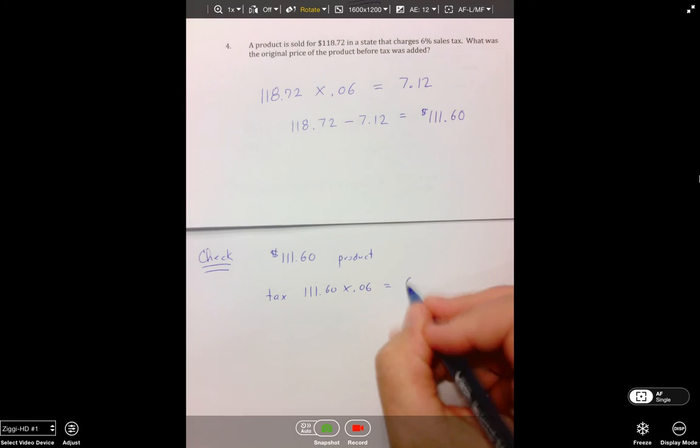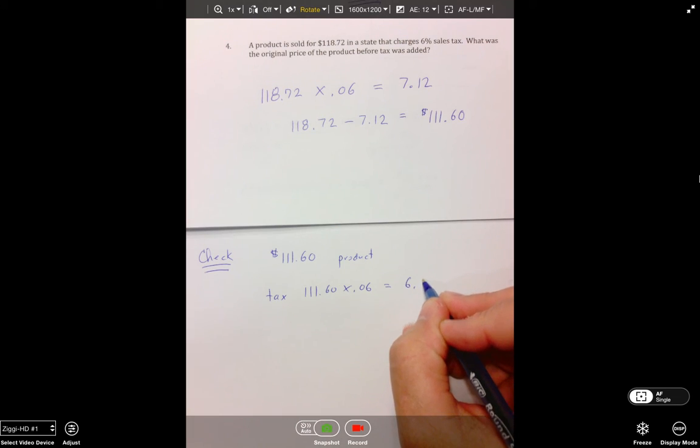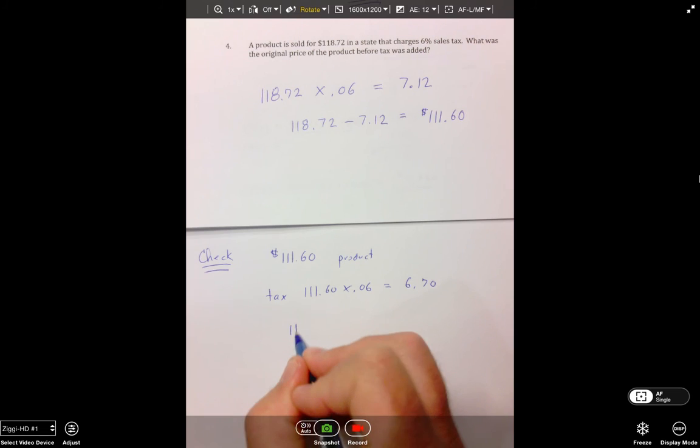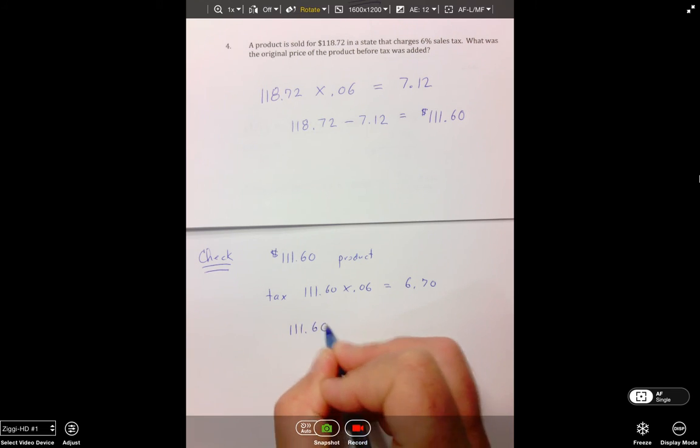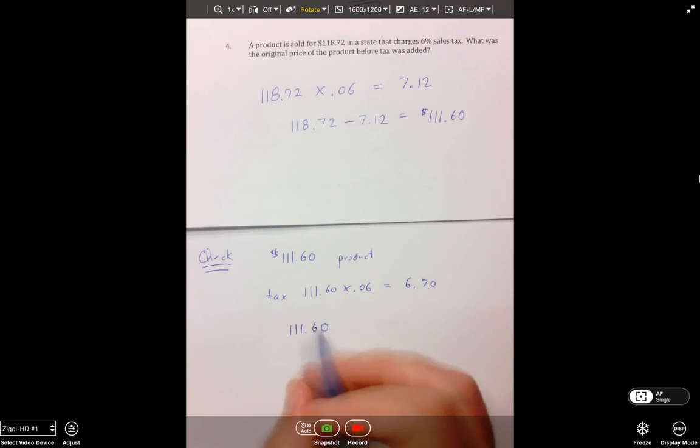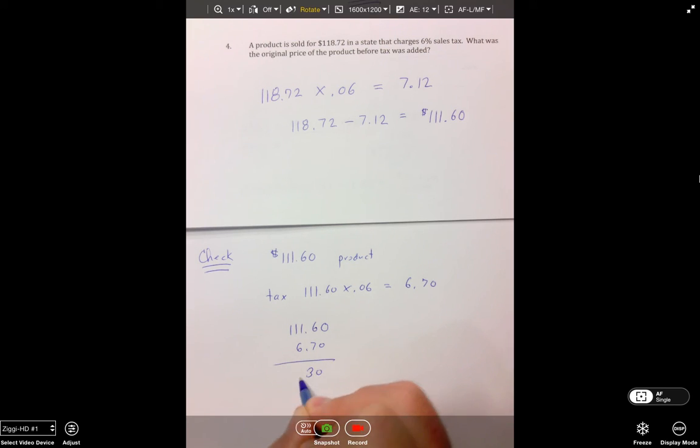So the tax was $6.70. So we add the $111.60 plus the tax, and go, oh crap, we're wrong. Why are we off nearly 42 cents?